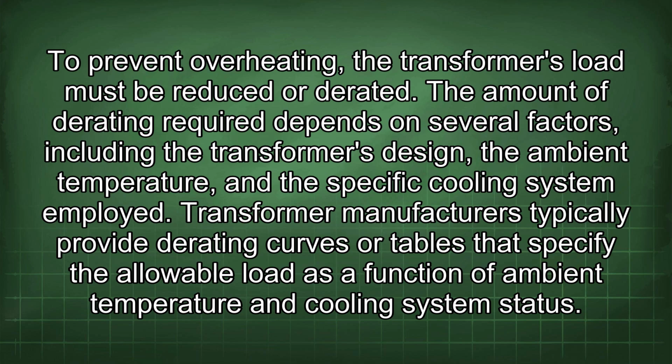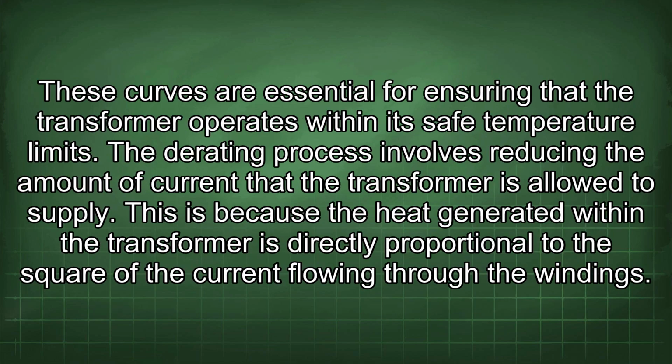The amount of derating required depends on several factors, including the transformer's design, the ambient temperature, and the specific cooling system employed. Transformer manufacturers typically provide derating curves or tables that specify the allowable load as a function of ambient temperature and cooling system status. These curves are essential for ensuring that the transformer operates within its safe temperature limits.